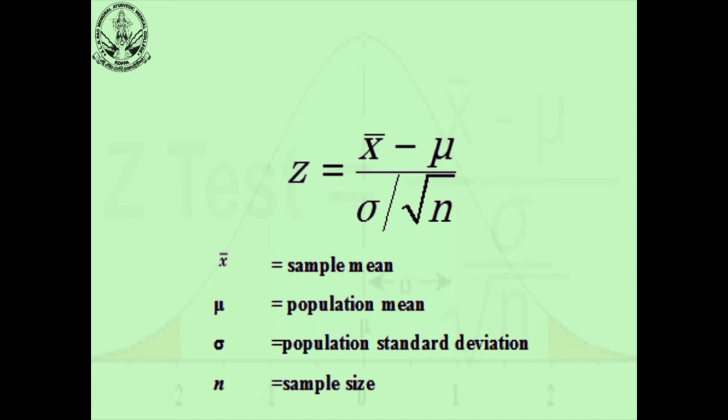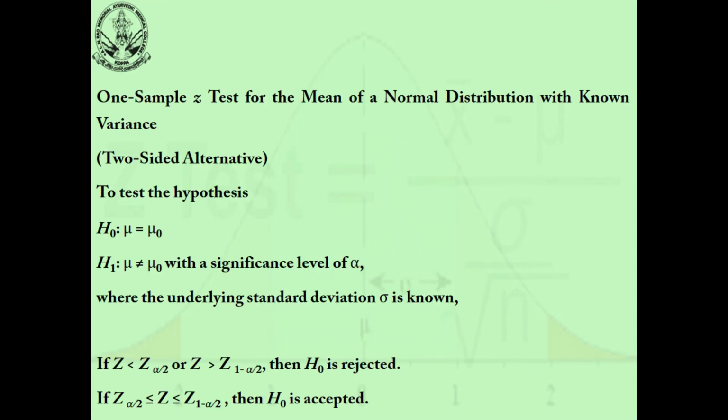We will see this with an example. If we take a one sample G test for the mean of a normal distribution with known variance, this is a two-sided test.